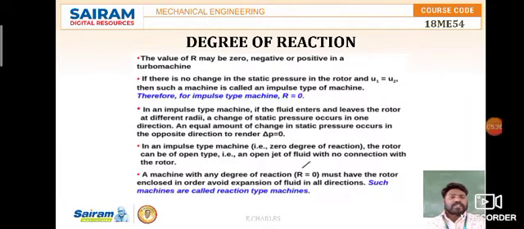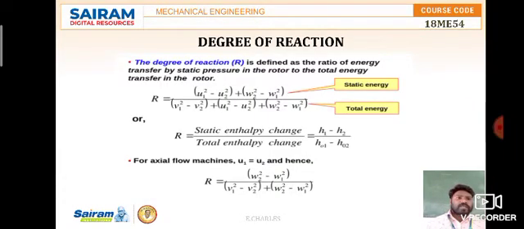So now coming to the degree of reaction, what does that definition speak about? R is equal to static energy divided by total energy. As we have discussed earlier, the static energy is nothing but U1 minus U2 and VW2 minus VW1 terms.